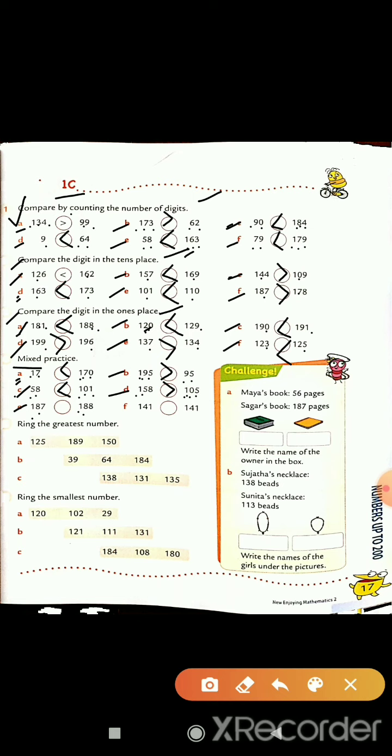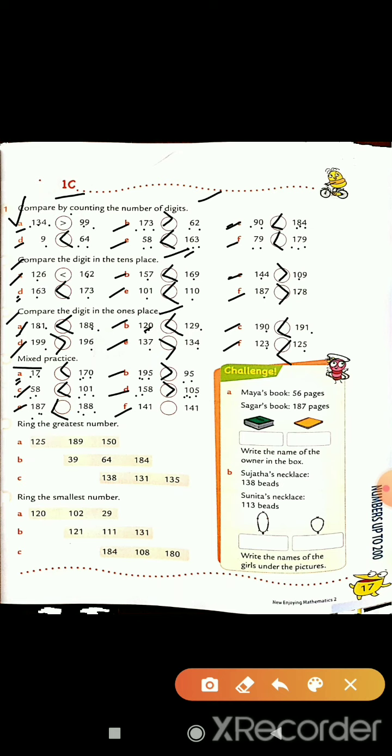So again we cannot compare it in the tens place. So move on to the ones place. 187 is having 7 at the ones place, and 188 is having 8 at ones place. So 8 is greater than 7, so 188 will be greater than 187.